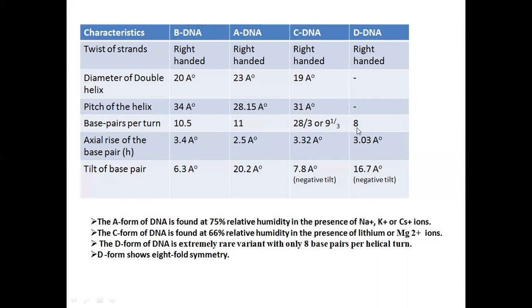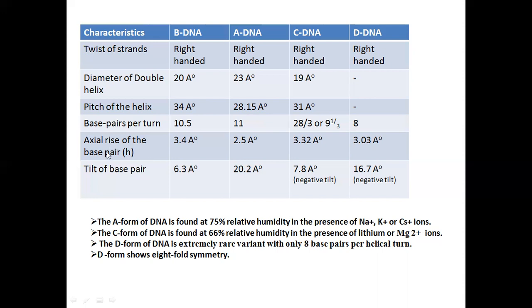For DDNA there are only 8 base pairs per helical turn. Since there are only 8 base pairs per helical turn, you can say the D form shows 8-fold symmetry.